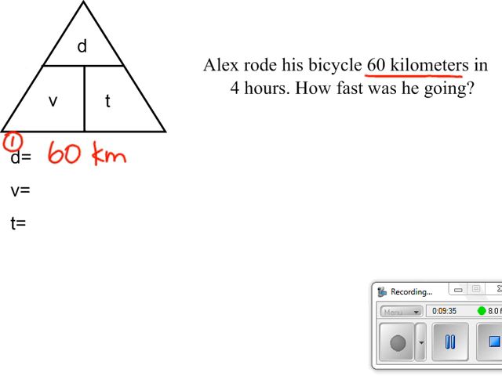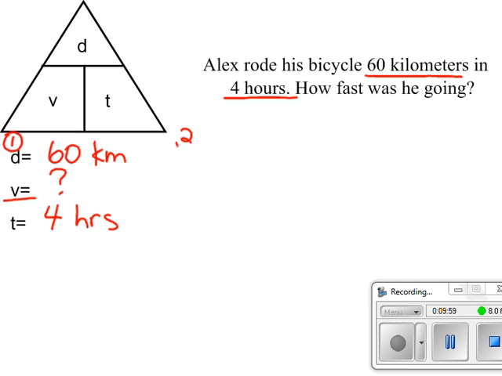So I'm going to write that down. And then I'm going to look at the next number, which is 4 hours. And hours is a time measurement. So I'm going to write that down as well. That leaves me with velocity as my unknown. So I'll put a question mark there.